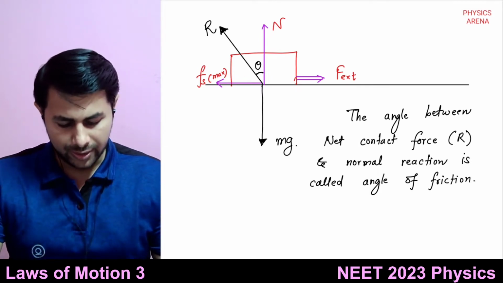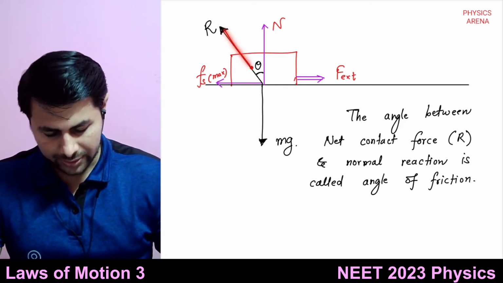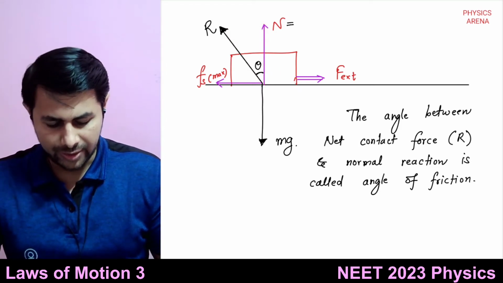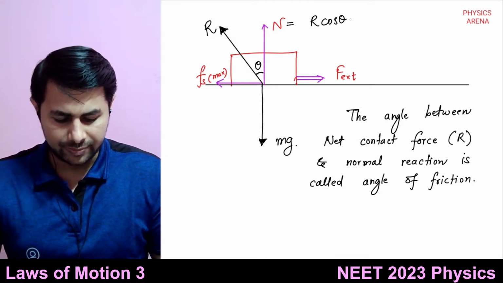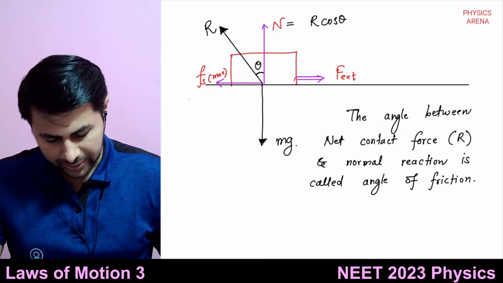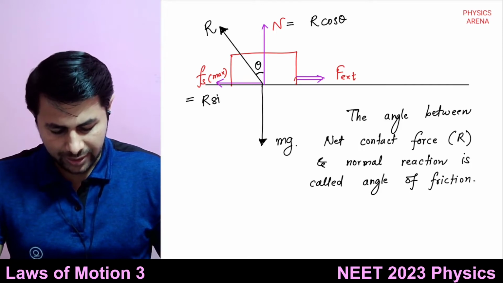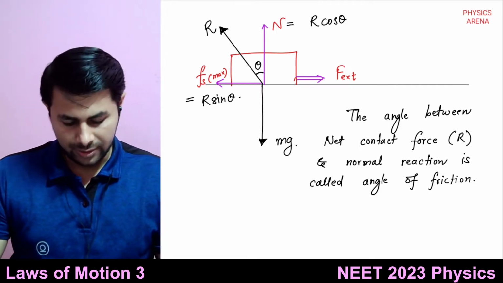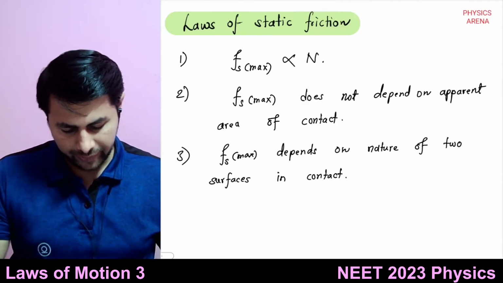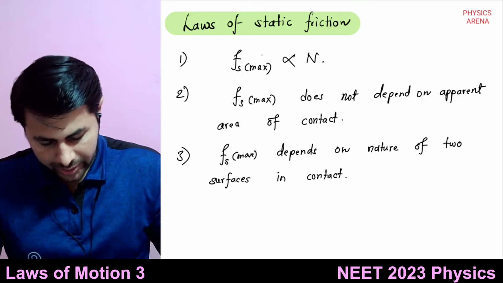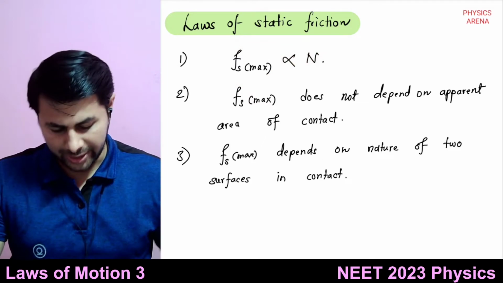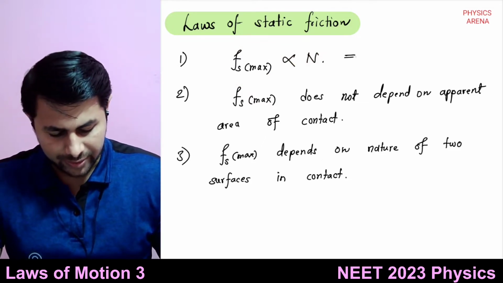Right. So now you can resolve this force into two components. N is equal to R cos theta, and Fs max will be R sin theta. Now see here. We talked about the frictional force. It is directly proportional to the normal reaction, so there will be some constant.